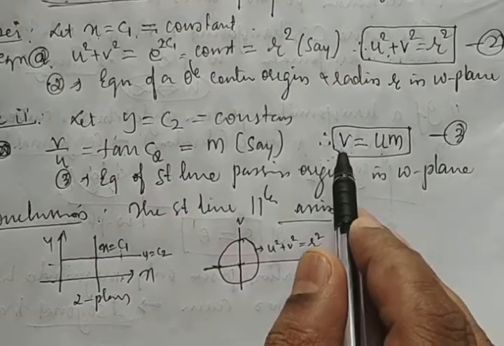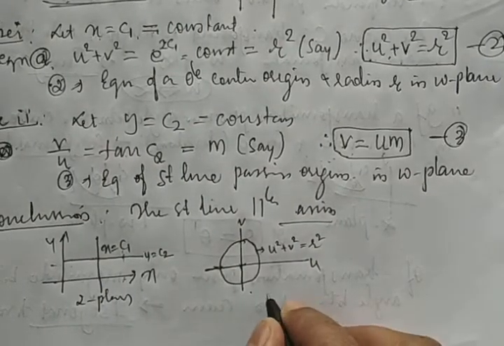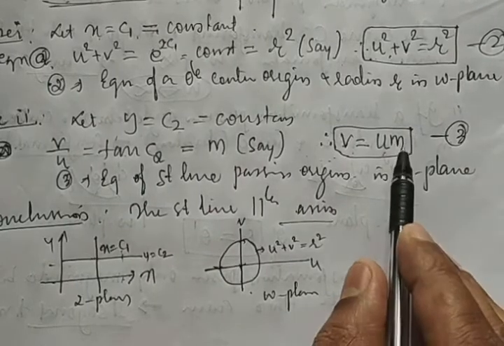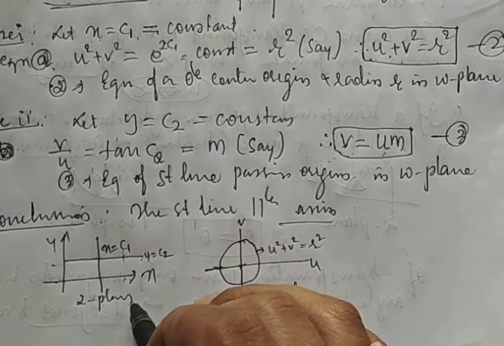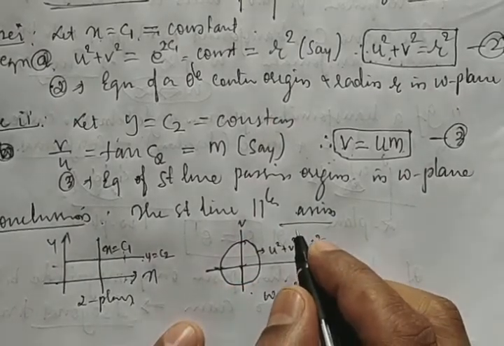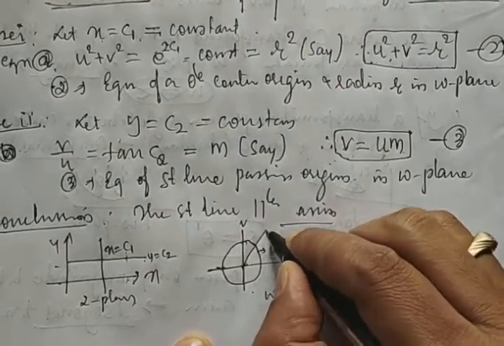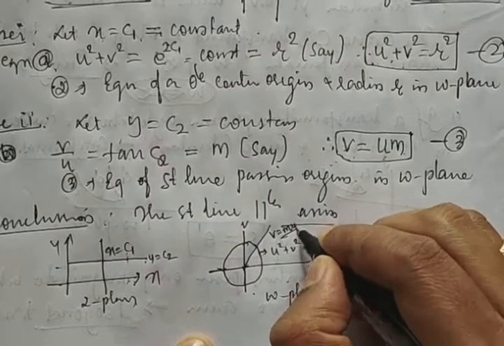Here u and v are the coordinates in the omega plane. Therefore, this second straight line from the z plane produces one more straight line in the omega plane, which passes through the origin. So this is v is equal to mu.